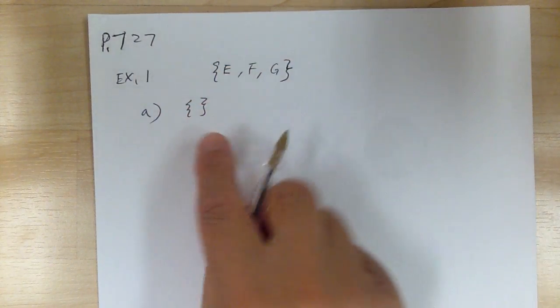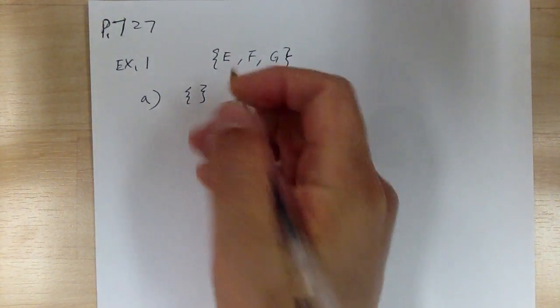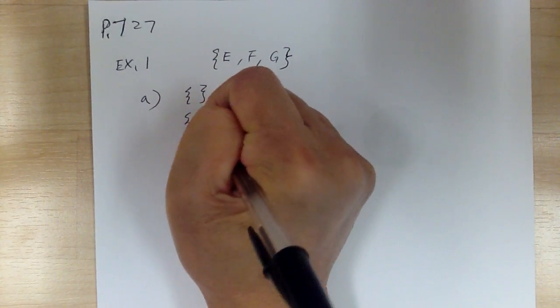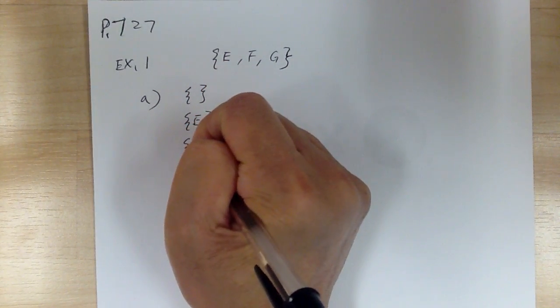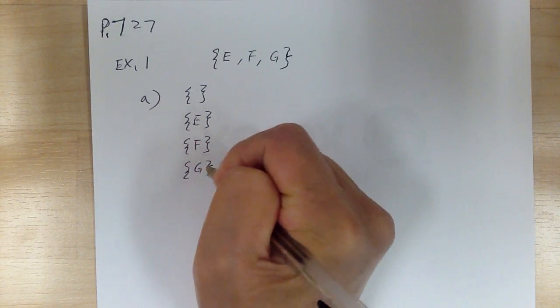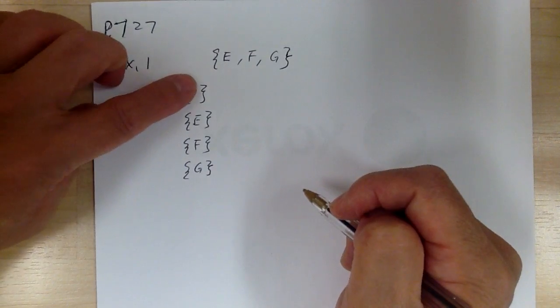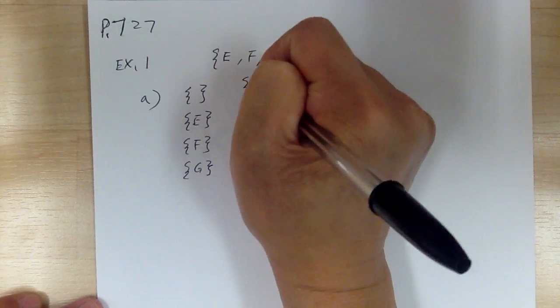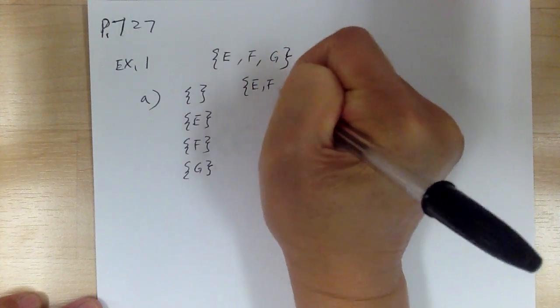So you can start with the one with nothing, right? This is called an empty set. You can start with the one with only one item. You make sure you do it in order so that way you don't lose track. So you start with no element, then you start with one element, then you do the 2. So E, F, right?